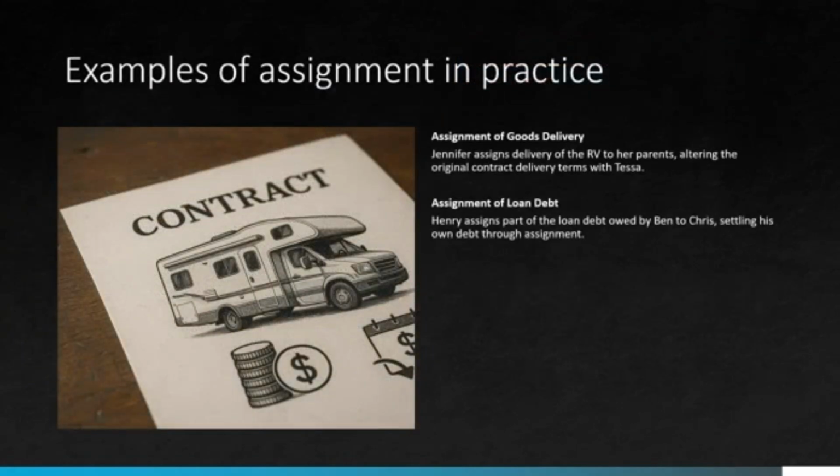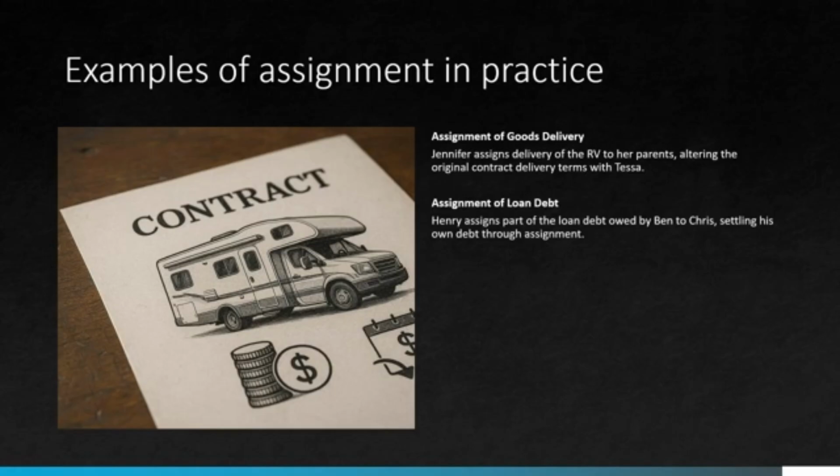So let's look at some examples. Jennifer and Tessa enter into a written contract for the sale of Tessa's RV for $2,000. Before Tessa delivers the RV, Jennifer tells her she really wants to give the RV to her parents as a gift and asks Tessa to deliver it to them instead of her. This is a good example of an assignment because these two people, Jennifer and Tessa, have a contract.